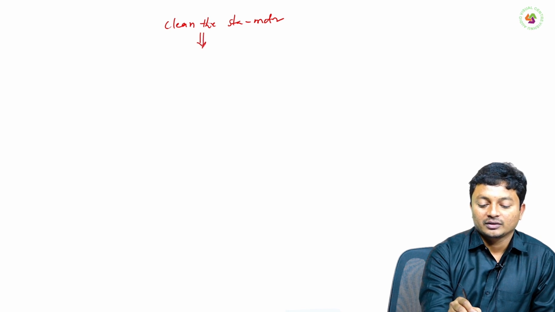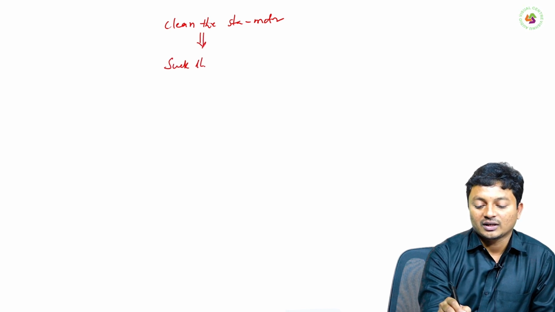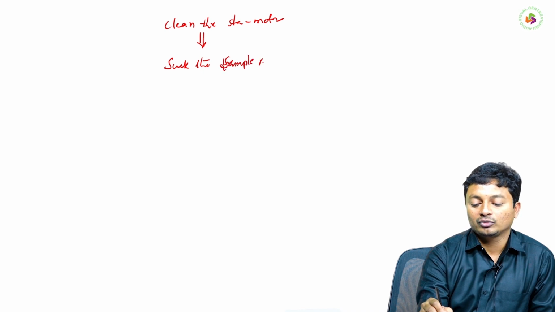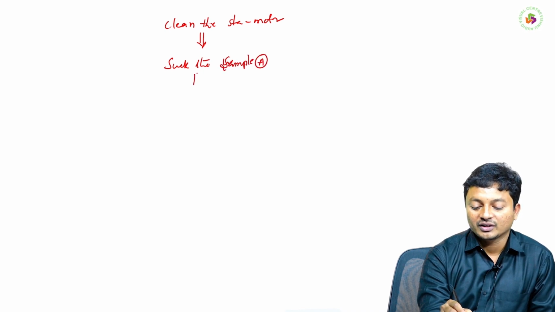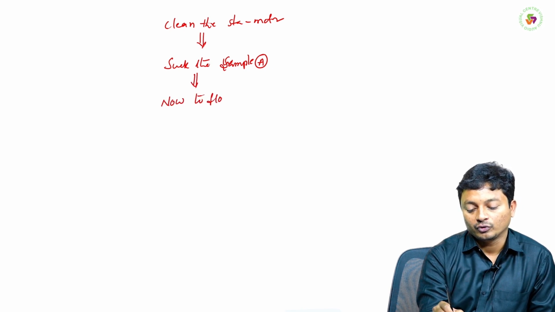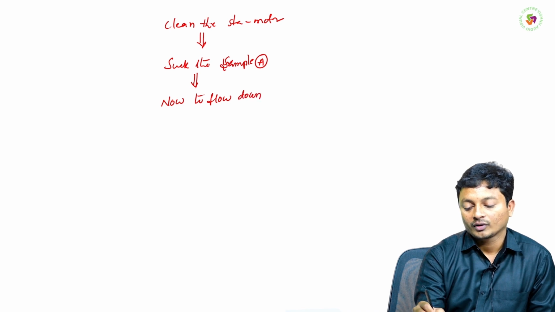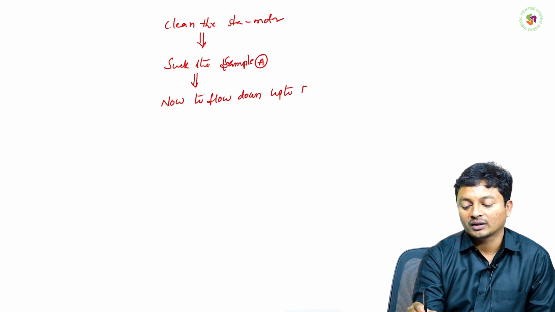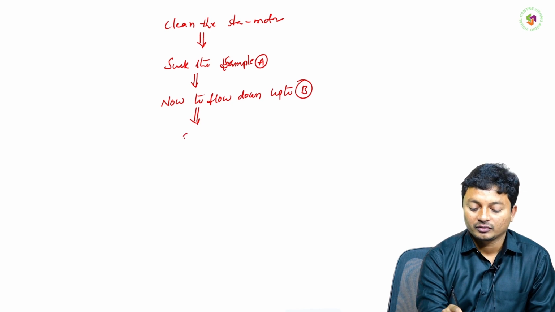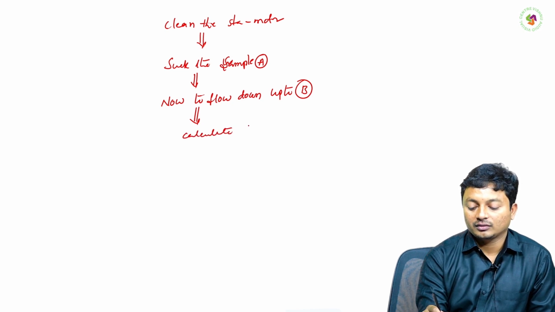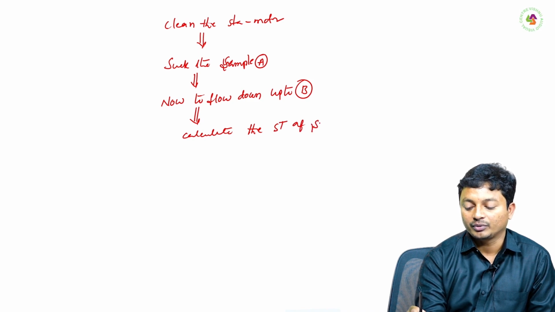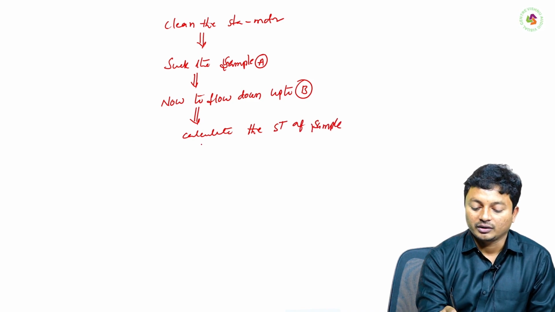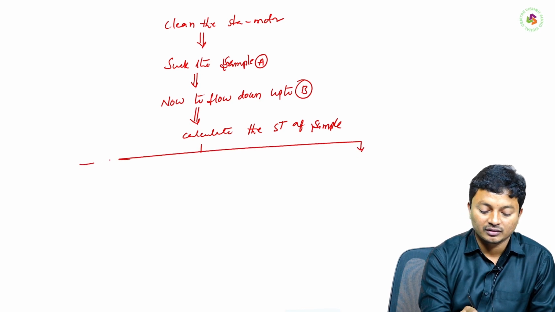After that, suck the sample up to upper mark A. After sucking, now allow it to flow down up to the lower mark B. Now calculate the surface tension of the sample in two different methods.